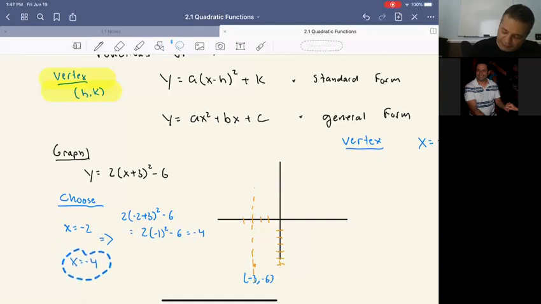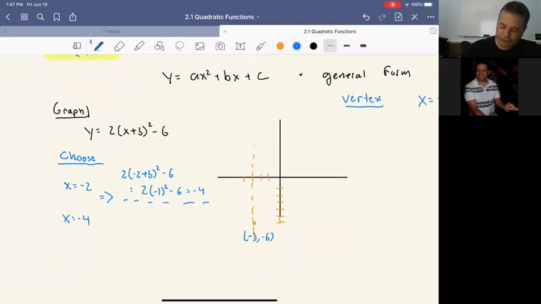I'll get the same value when I plug in x equals negative 4. So 2 times negative 4 plus 3 squared minus 6.